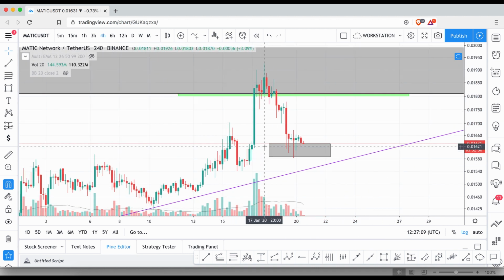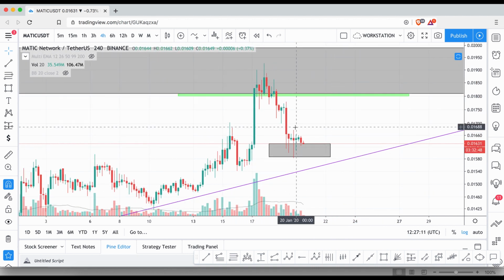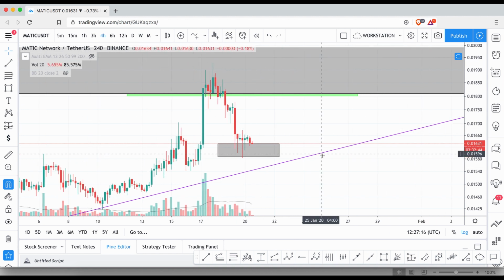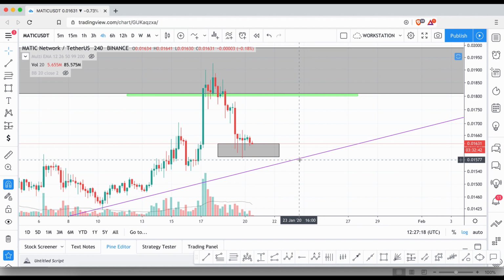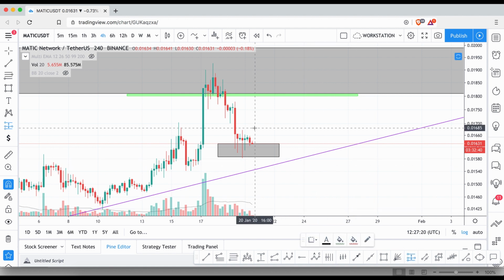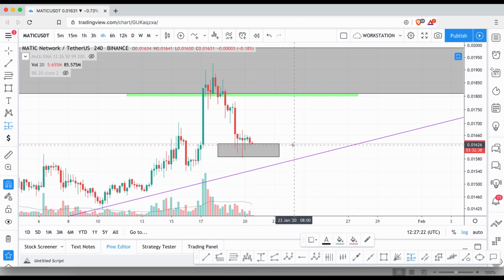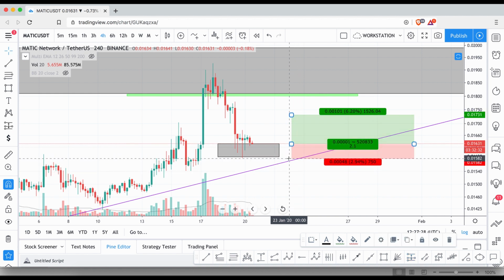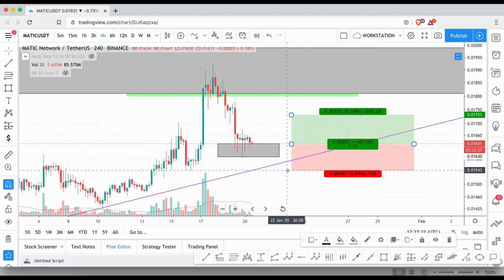Okay, so we're on the 4-hour chart right now. Maybe let's zoom in a little bit more to the 1-hour chart. Now, before we do that, we will see, if we would enter here, how much the risk reward tool would be, like that. And if we drag the stop loss, you can do it under the lowest wick, or if you want to play safe, a little bit lower under this trend line.